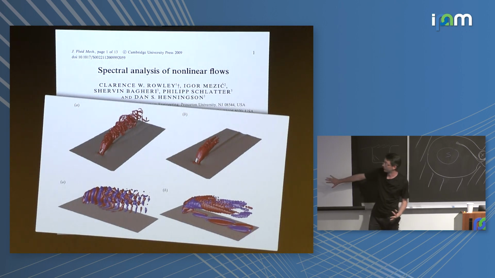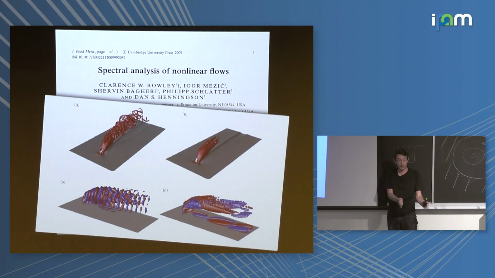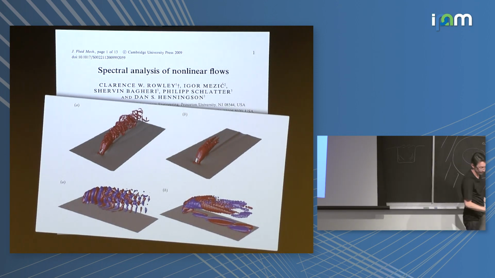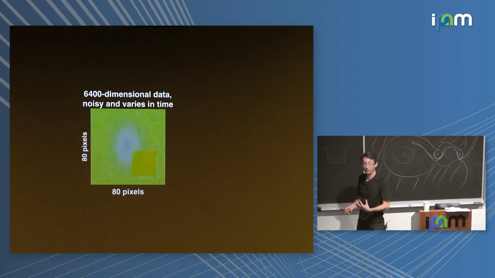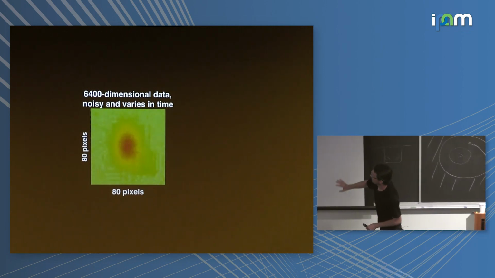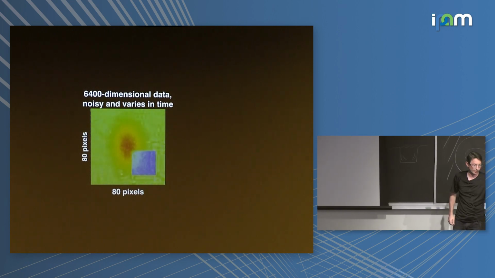The original paper derived the algorithm and showed how to use it on data, and this paper connected it firmly to dynamical systems theory. And this is a video, again, I took for my wife. She makes great videos, where basically you have a high-dimensional noisy signal. Again, how much stuff is going on in this movie?